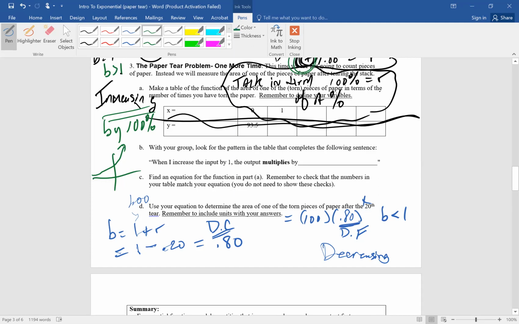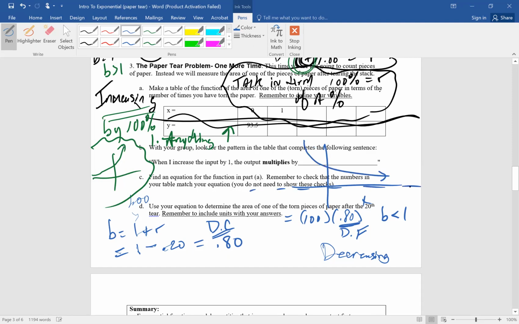So if you're over 100% or 1 point anything, you're going to be increasing, which is going to mean you're going to have a graph like this. Now later on, and I'll stop here, your decreasing function is going to look the same, but it's going to go down.